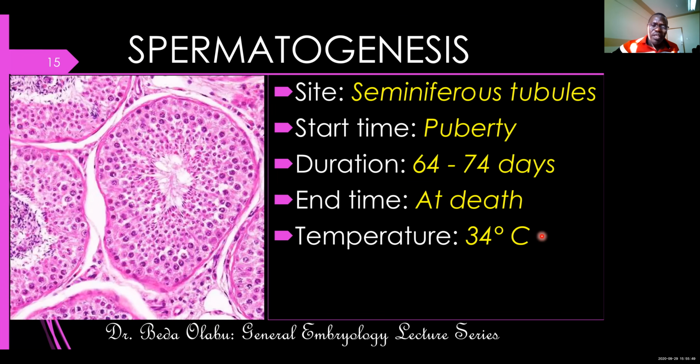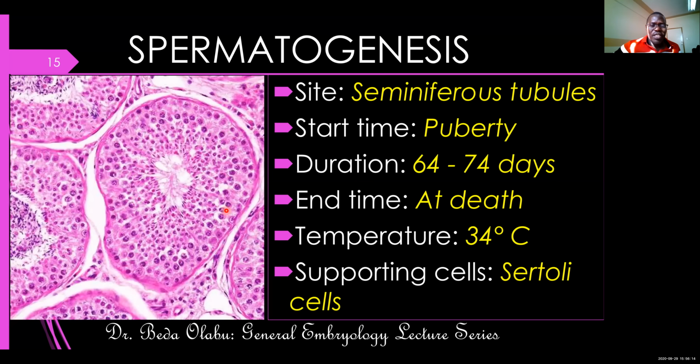It explains why the testes hang outside, in quotes, so that the testicular temperature can be lower. The optimal temperature for spermatogenesis is 2 to 3 degrees below the body temperature. So if you're a lady, you have a boyfriend, you can advise them to keep it cool.